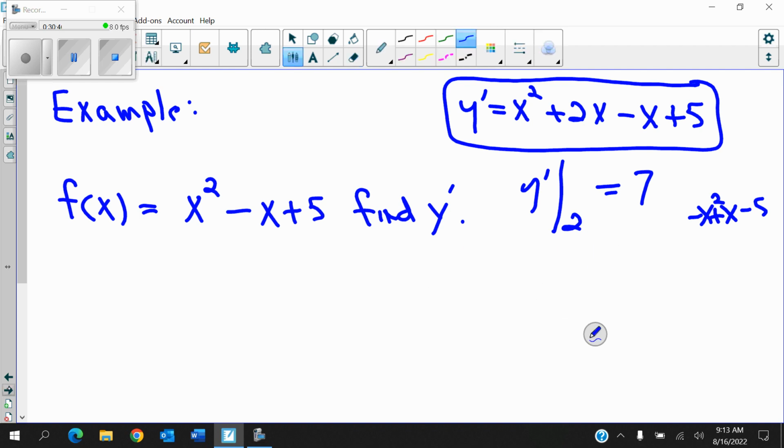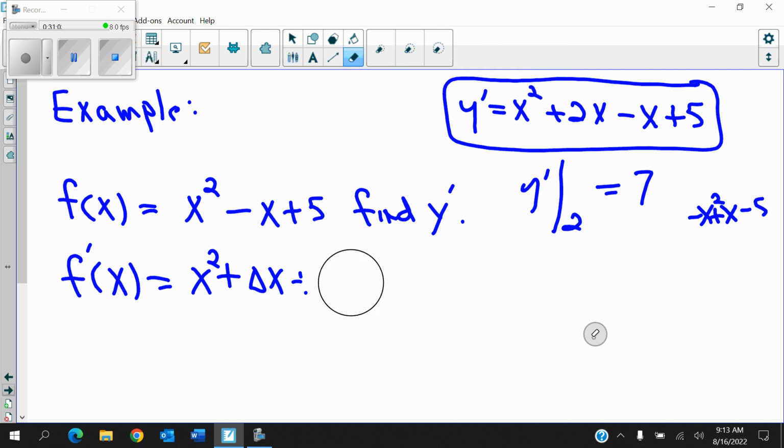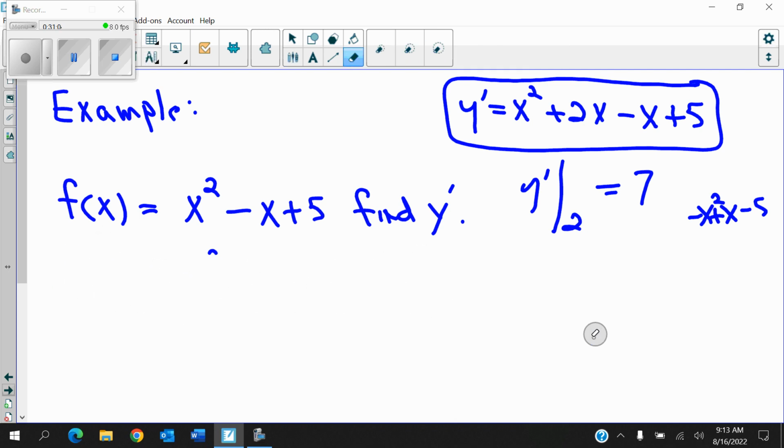This is why we f prime of x squared plus delta x, right? What else we got here? Plus 2 times x plus delta x, right? Well, that's y prime. You know, I should just give up right at the moment.